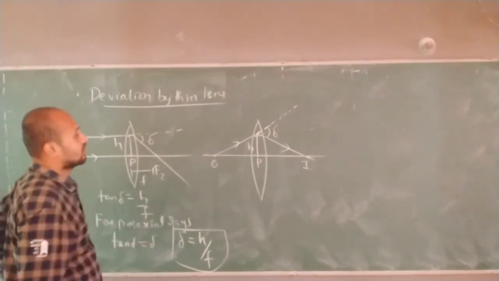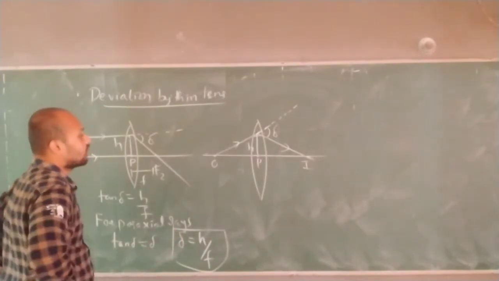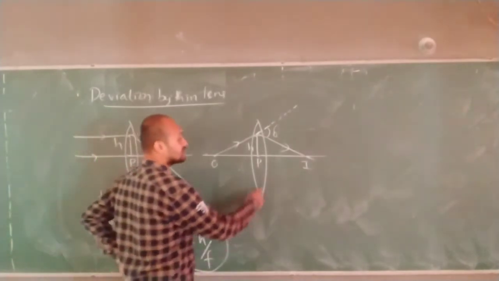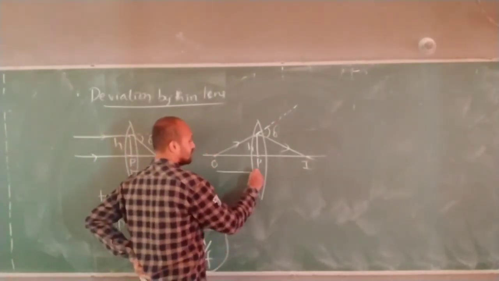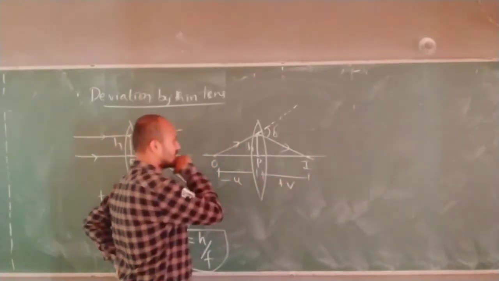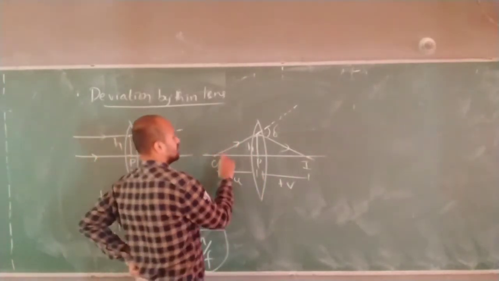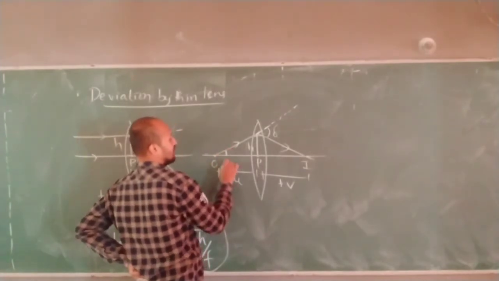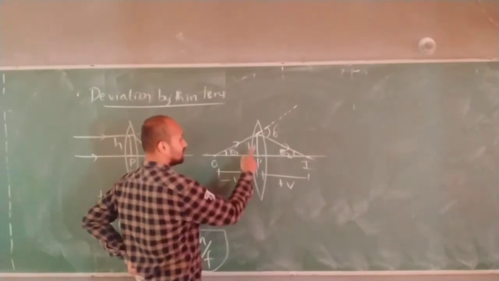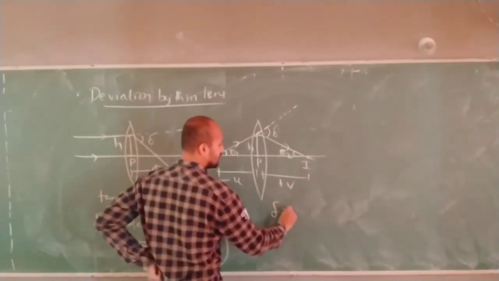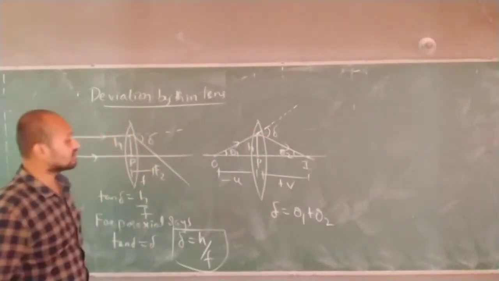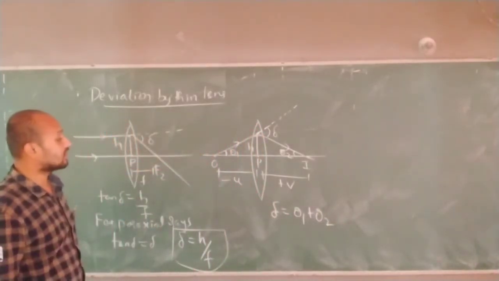Here if you see, in this case what happens? Here also dou is h by f only it will come. If you consider this is minus u and this is plus v, correct now? Here, if I take this angle as theta 1 and this angle as theta 2, see you can write here dou is equal to theta 1 plus theta 2. Correct now? Dou is equal to theta 1 plus theta 2.